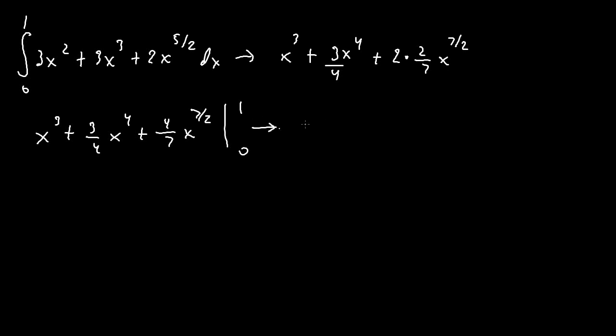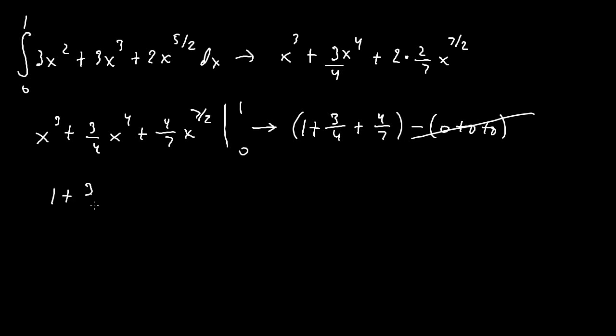So when I plug in 1 for x, we'll get 1 plus 1 to the 4th times 3/4, which is 3/4, and then plus 4 over 7. Minus, when I plug in 0, we'll just get 0 plus 0 plus 0, so that will cancel. And so we're left with 1 plus 3 over 4 plus 4 over 7.